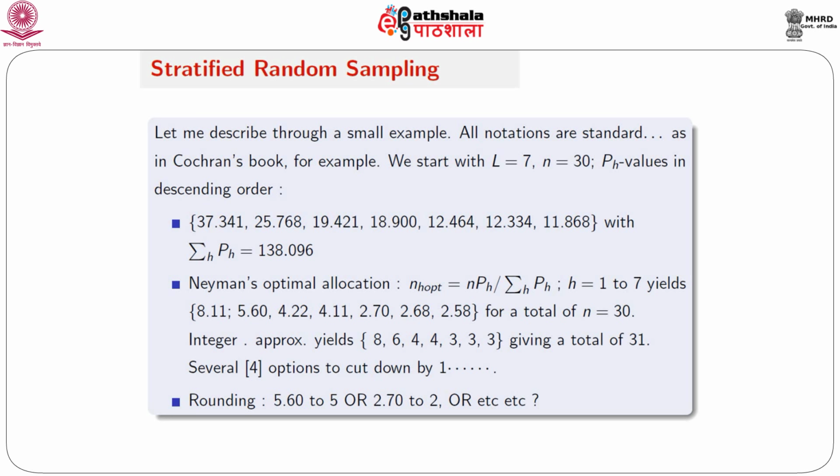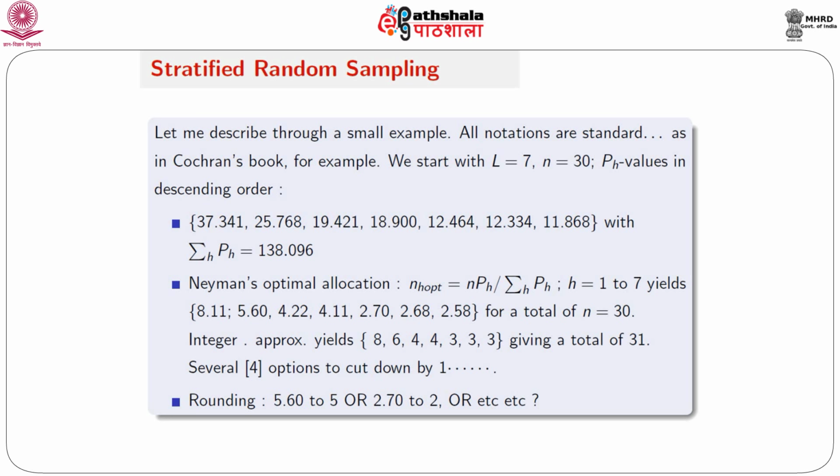So, we start with 7 strata and an overall sample size of 30, and let me show straight away the P_h values, because these are the things ultimately involved in the expression for n_h opt.